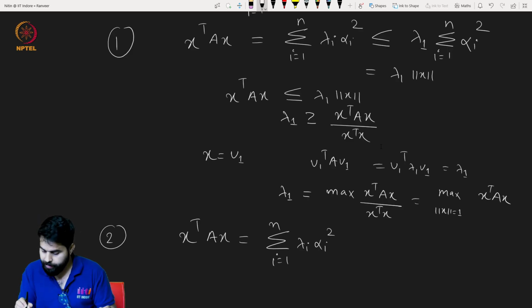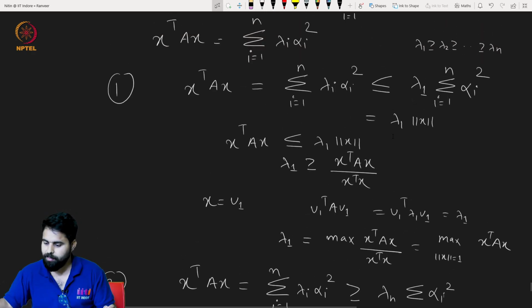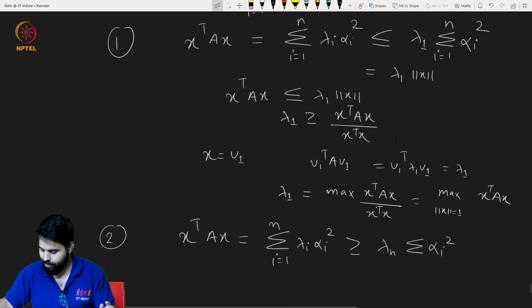Now this quantity will always be greater or equal to lambda n times the summation of alpha i square. Why is it so? Because lambda n is the smallest eigenvalue.